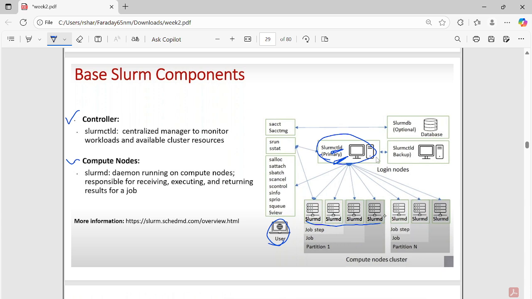This slurmd is the daemon which is going to listen to the manager, and it will tell the manager that okay, this is free, and how many resources are free, and all these things. So there are some optional components also in this.